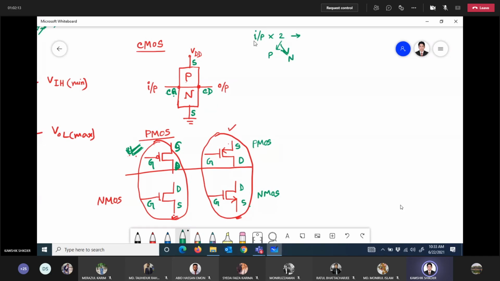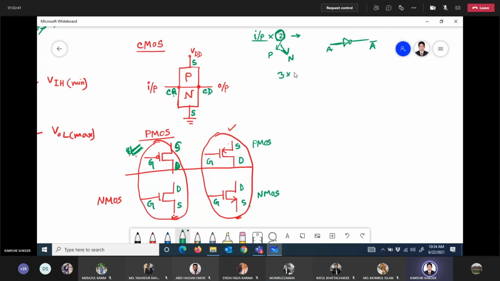For example, an inverter. How many inputs are there? One, only one. So how many MOSFETs are required? Two MOSFETs are required. So a single input means two MOSFETs are required. For example, with 3 inputs, how many MOSFETs are required?